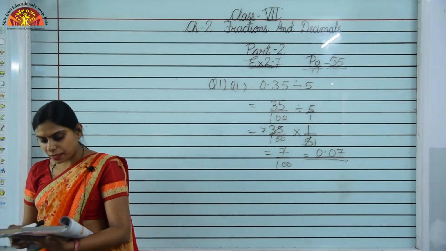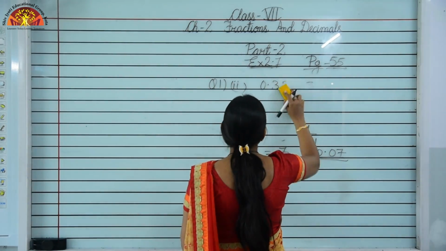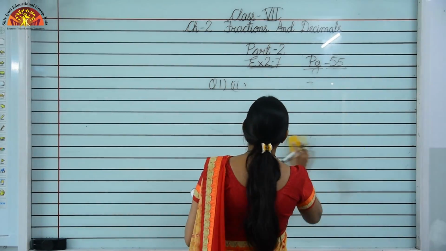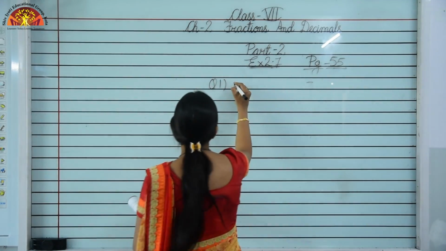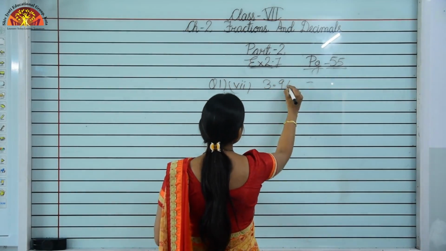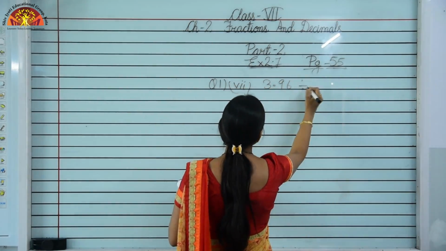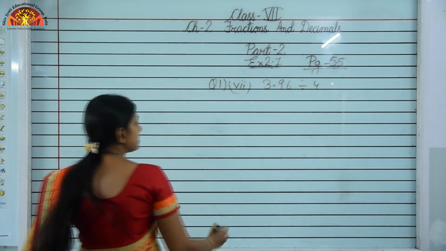Now just see the next one. Just see the seventh part, that is 3.96 divided by 4. Now again the same thing, first of all you will just remove the decimal.